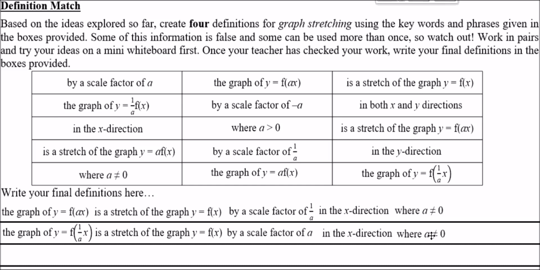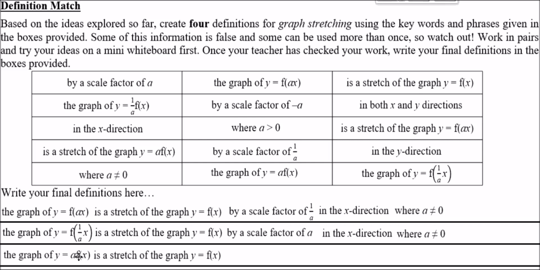The next type to consider is where the change happens on the outside of the brackets. So for example, we could consider now y equals a f of x. The graph of a f of x, again, is a stretch of y equals f of x, so we can use this card again. It's outside the brackets, so it works in a common sense way.